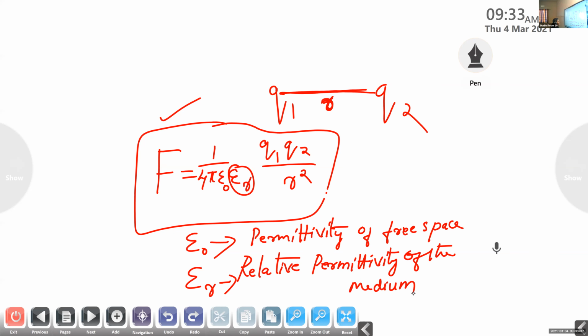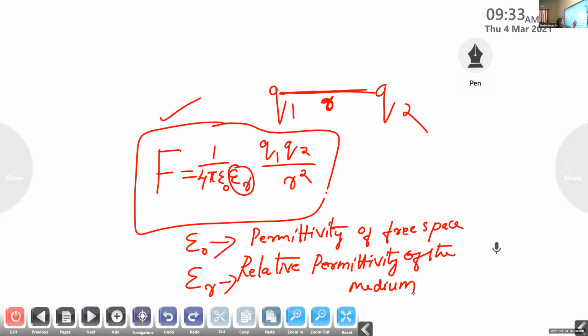So in the second case, we separate these two charges with the help of a material medium like metal. Then a slight modification arises in Coulomb's law. That is F is equal to 1 by 4 pi epsilon 0 epsilon R Q1 Q2 divided by R square.